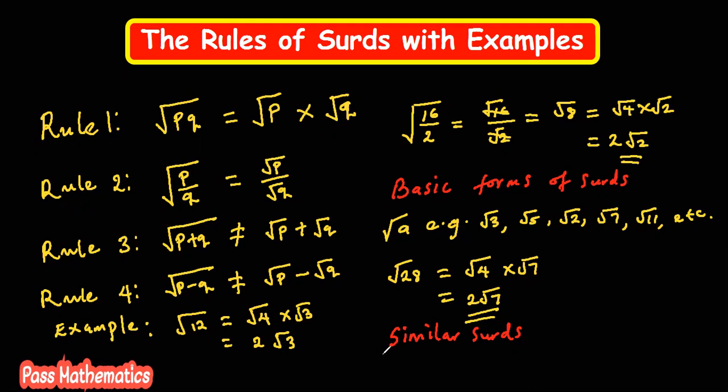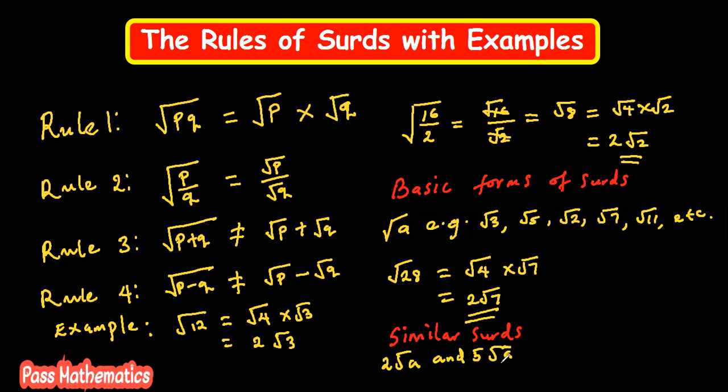What does that mean? If we have 2 root A and we have 5 root A, these root A and root A are the irrational parts, and they are the same.